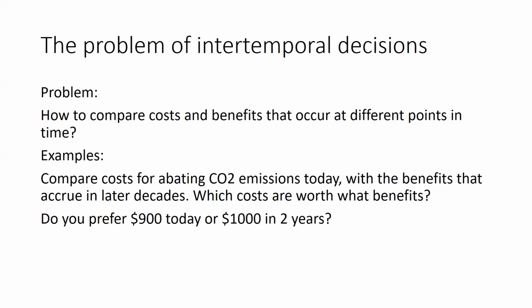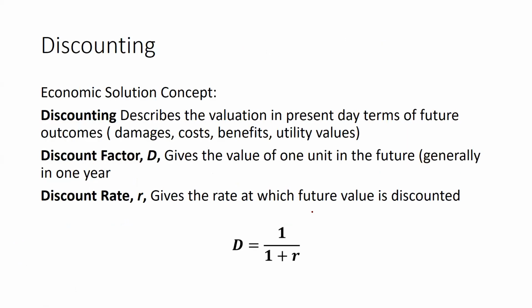And really, we're going to start with this second example because it's much more instructive as to the way we approach this problem. And the way we approach it is with this solution concept of discounting. We talked about it a little in the last video, but just to make sure everyone's on the same page, discounting describes the valuation in present day terms of future outcomes.